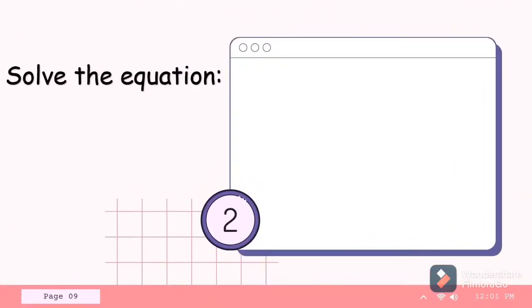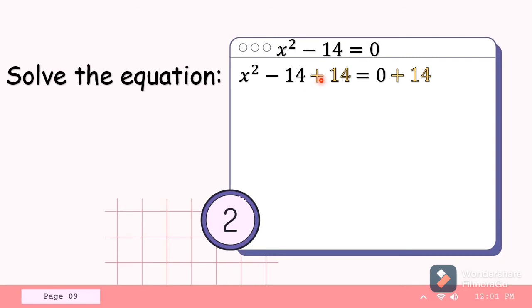Let's try another example. X squared minus 14 is equal to 0. Okay? Using again addition property of equality, to eliminate negative 14, we need to add 14 on both sides. So, we'll have x squared minus 14 plus 14 is equal to 0 plus 14. So, negative 14 plus 14 is equal to 0.